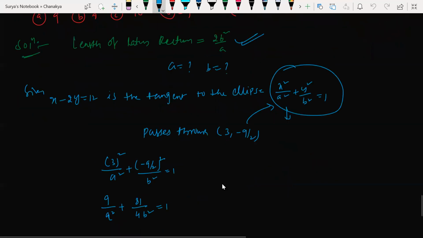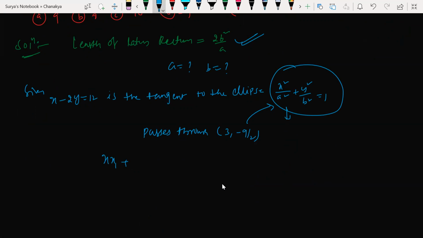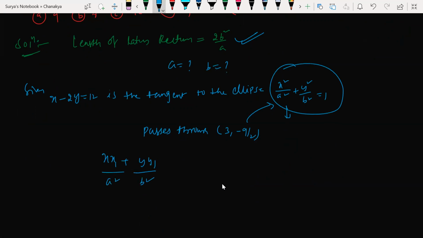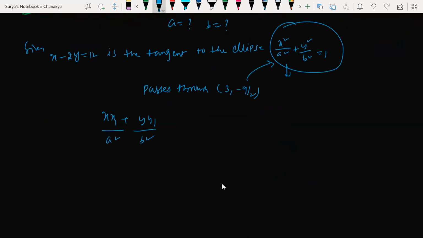Yes. Now here point form, you need to use point form. Point form क्या था मेरा point form? X into x1 by a square, y into y1 by b square. What is the point form? Tell me. At, can I use directly this one? Point form at that point. देखो, look at it here.